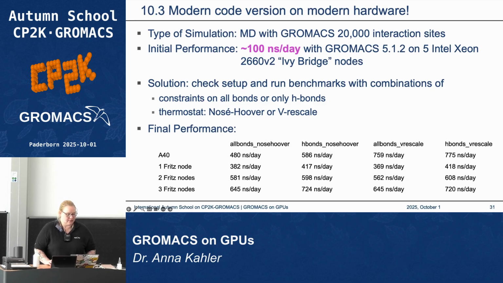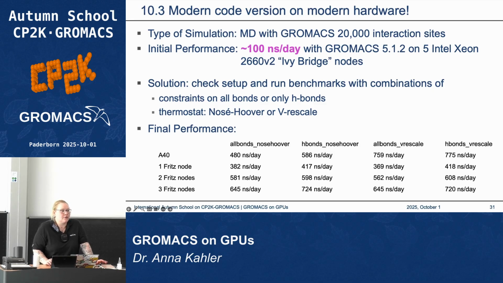We ran the benchmarks on modern hardware, so a modern code version, modern settings, and modern hardware. You see the numbers here. The numbers are different. As I said, the Nose-Hoover doesn't work with the update offload on GPUs, so the performance is lower with the Nose-Hoover settings than the V-Rescale settings. But in the end, an overall performance gain of 600% compared to the settings they had before.